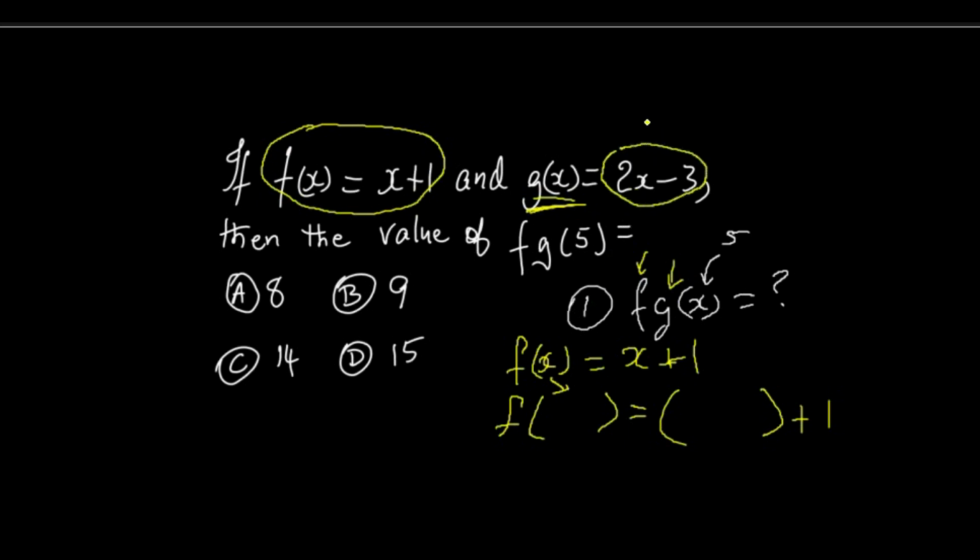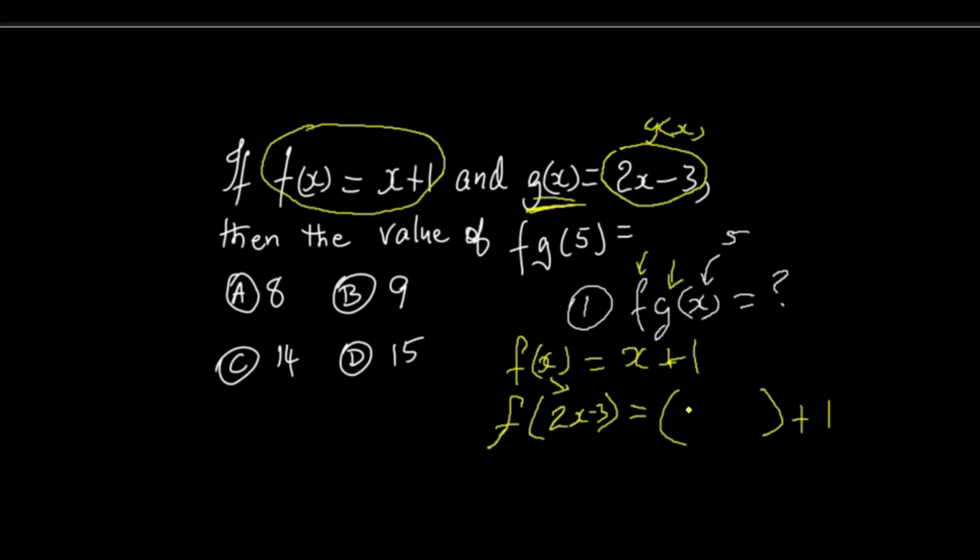So I'm going to let 2x minus 3 represent g of x. So what I am really saying here is f of g, because 2x minus 3 is g of x.